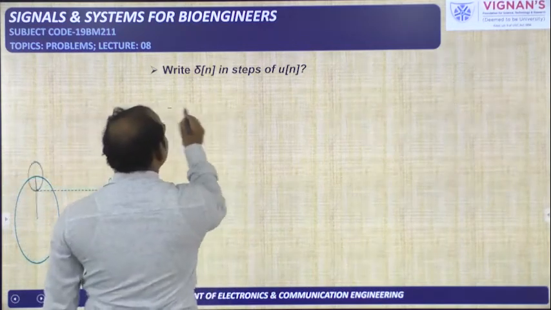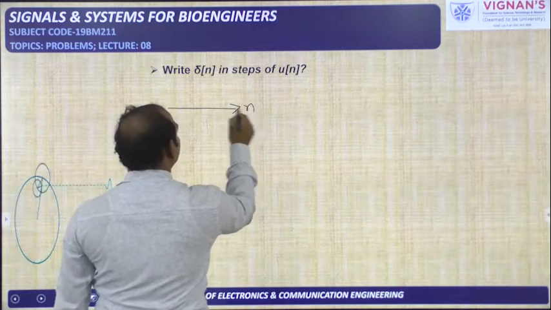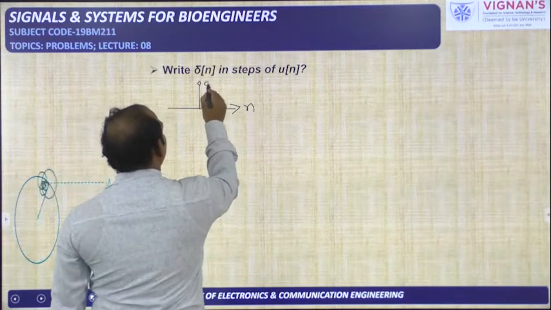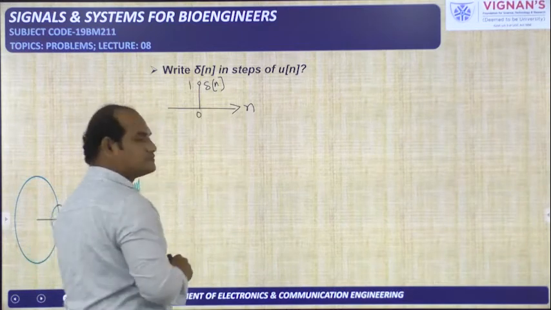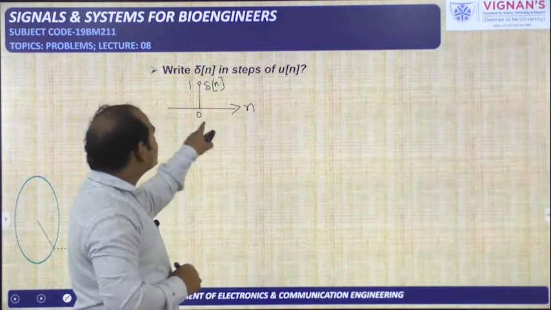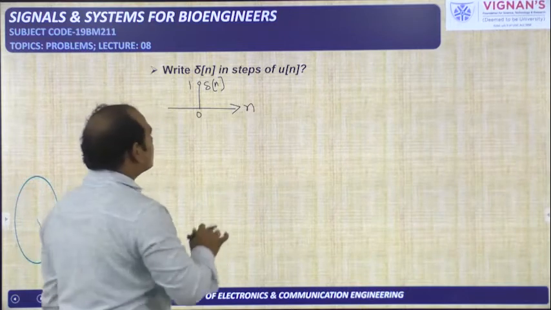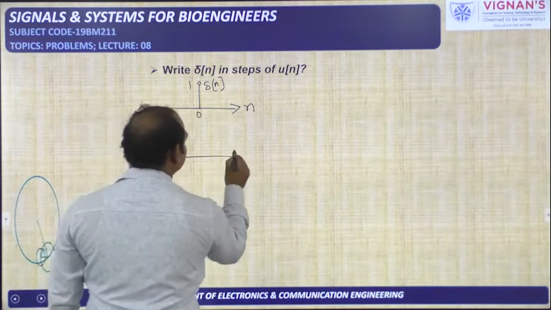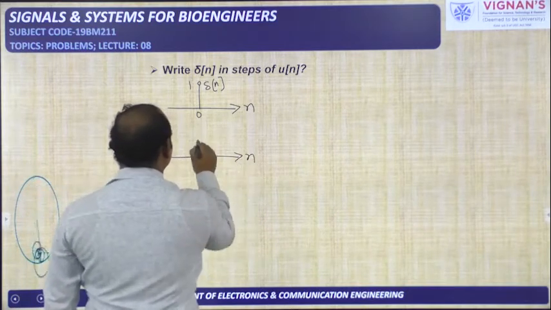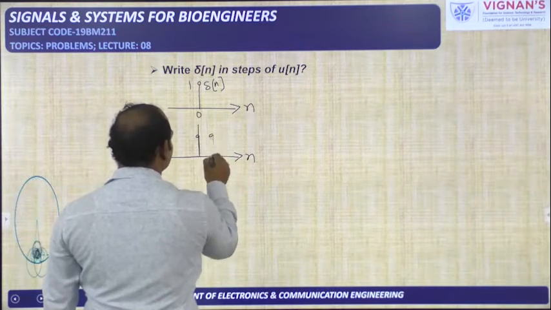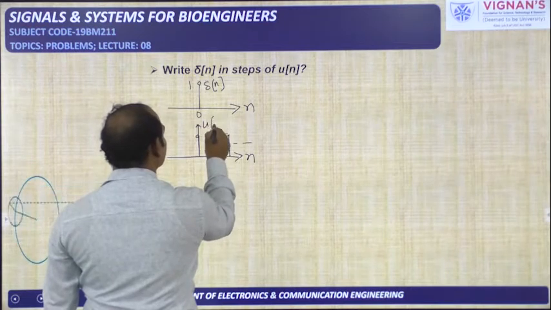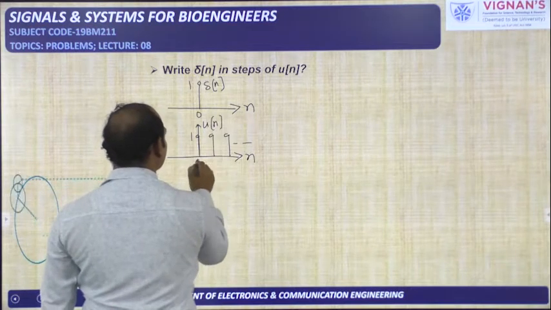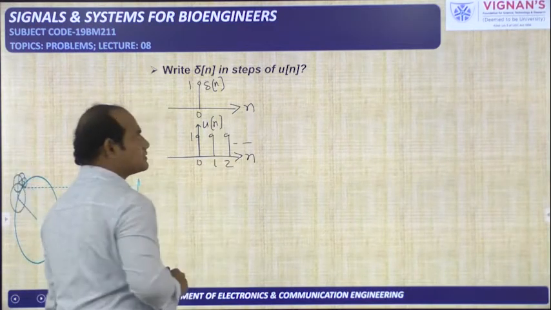Del of n, how is it available? This is del of n with amplitude 1. At n equal to 0, amplitude is 1. That is del of n. And this is u of n.